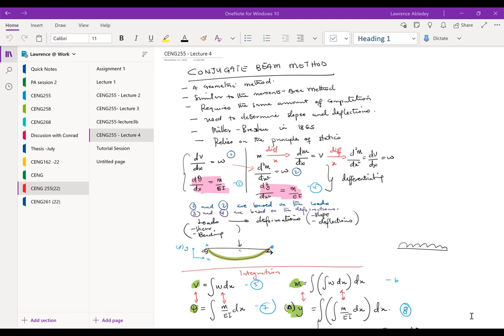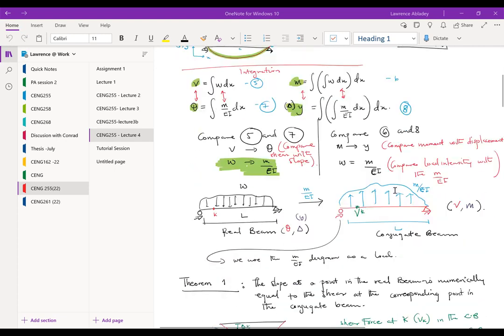real beam, in a sense that we're creating a beam whereby when we calculate, let's say, the shear in a conjugate beam, we can relate that shear information to the slope in the real beam.